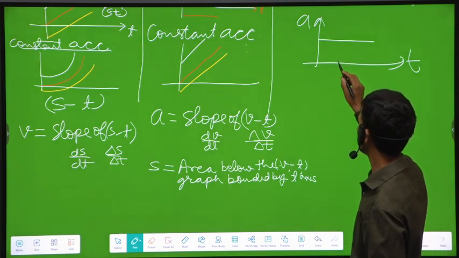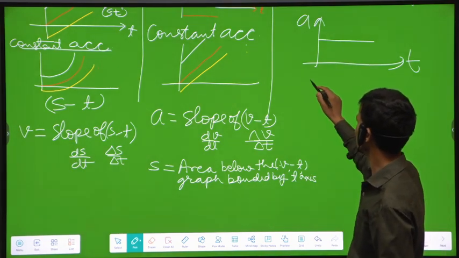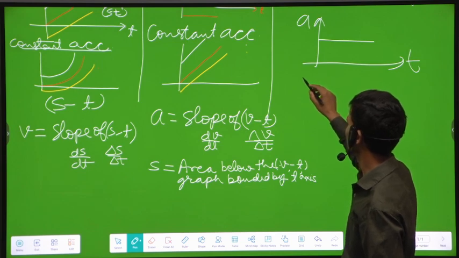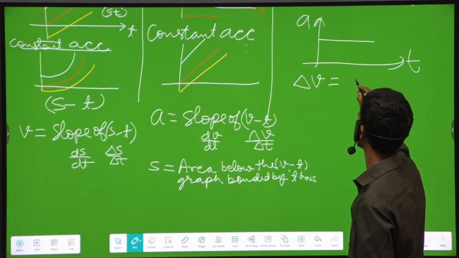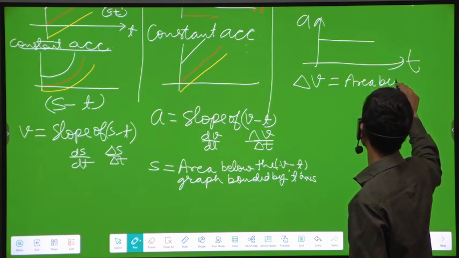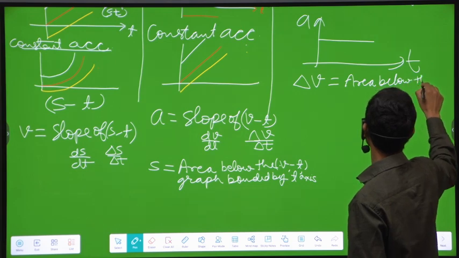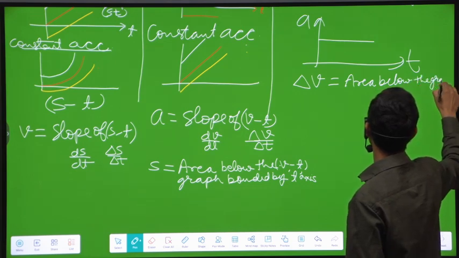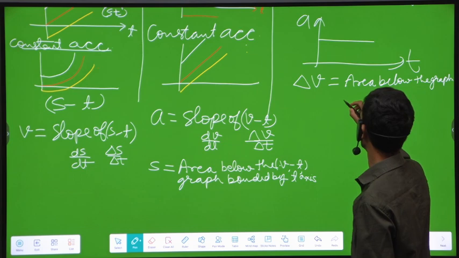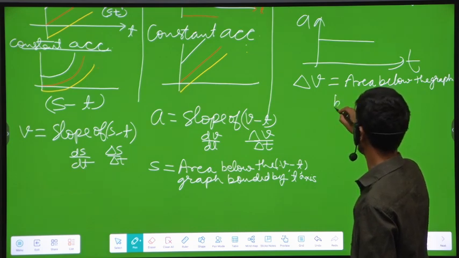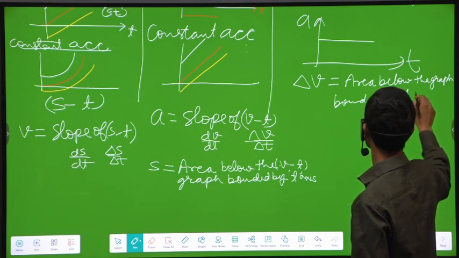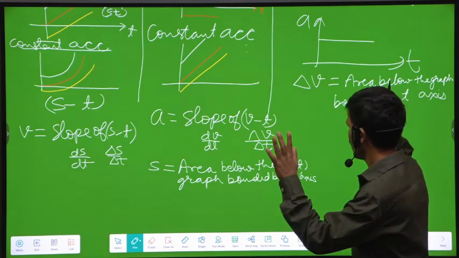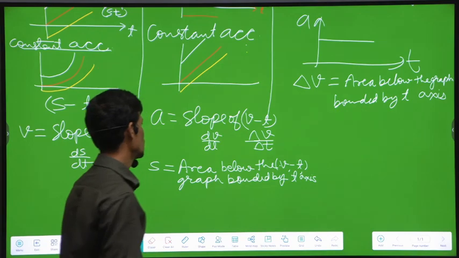But one thing we can for sure find is the area under the graph, and that gives us the change in velocity, the area below the graph bounded by the time axis. So that's a different story.